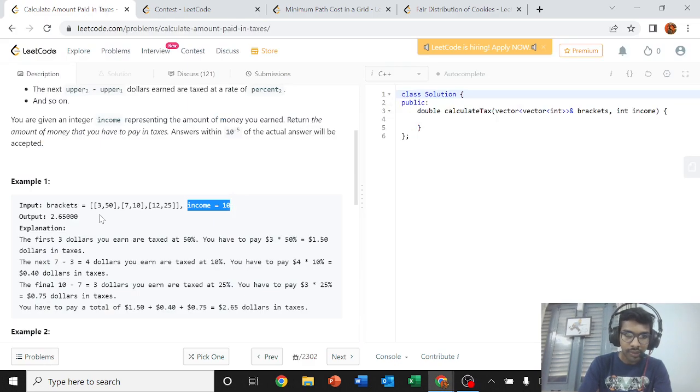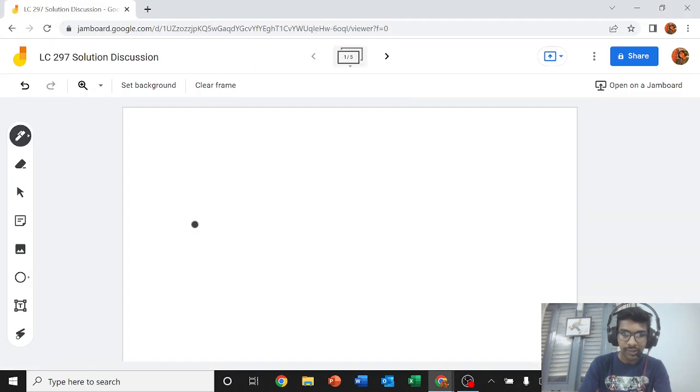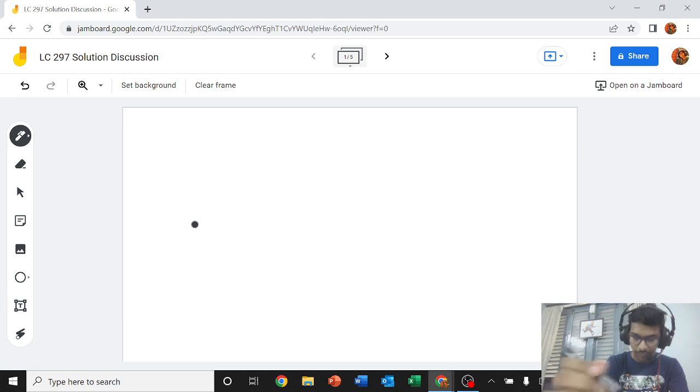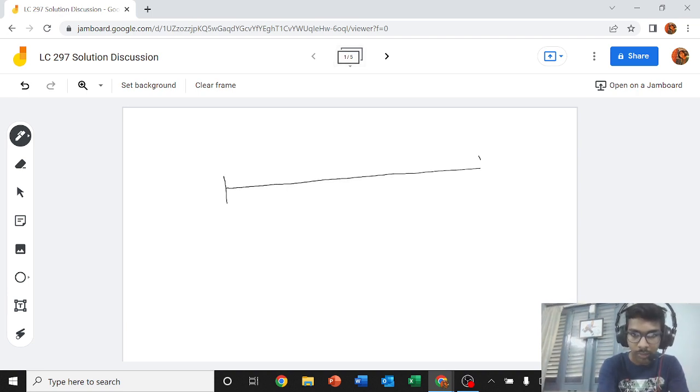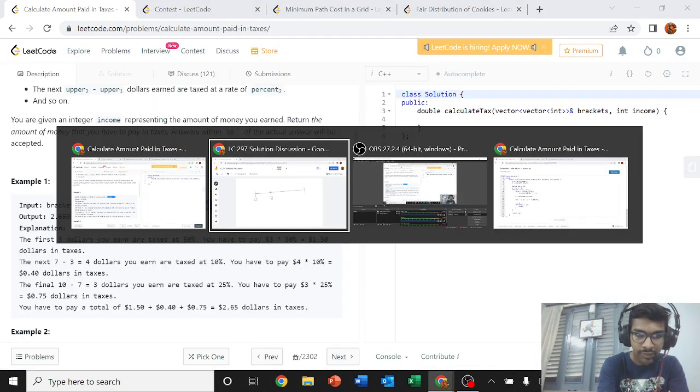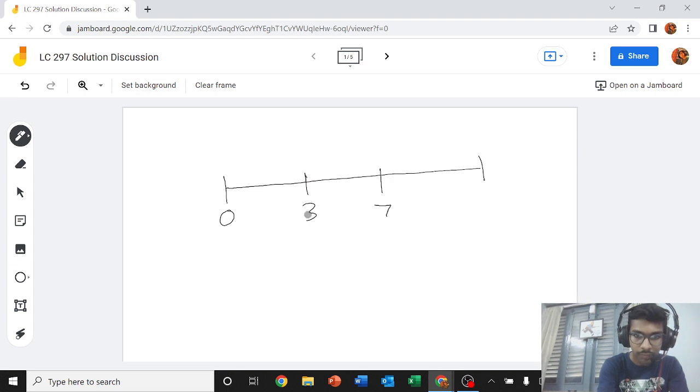Let's consider this particular test case. Let's have this number line here. We have 3, 7, 12. These are the upper limits.